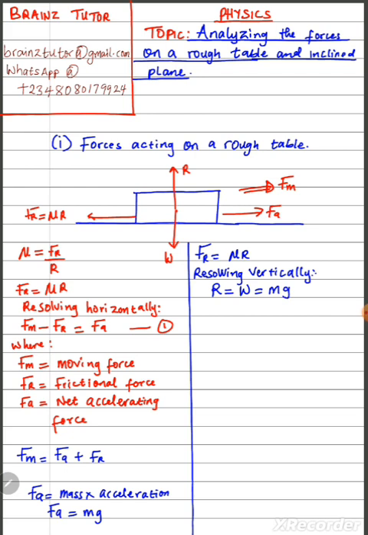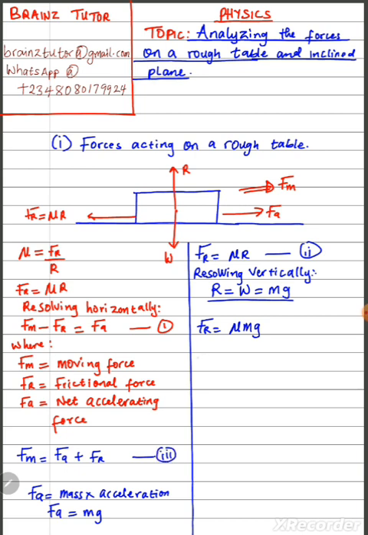Now, if that is so, I can substitute this value of R into this equation. Let me call this equation 2. Now I know that my R equals mg. So I can say my frictional force is equal to mu mg. Let's call this equation 3.